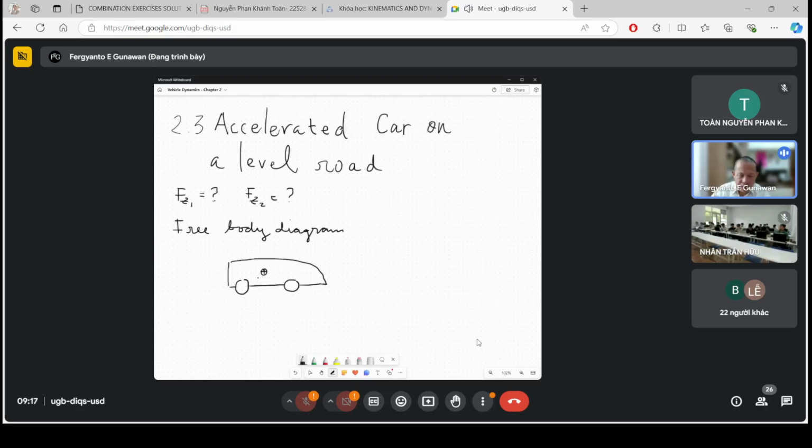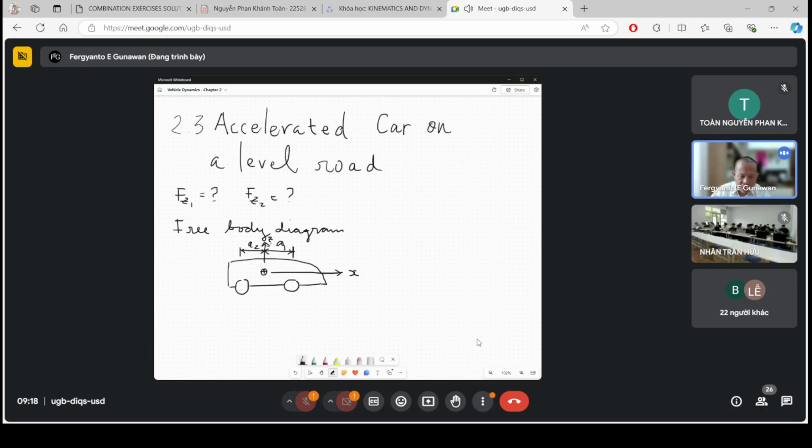The x-axis is pointing in this direction, and the z-axis is pointing in this direction. The distance from the center of gravity to the front wheel we call A1, and to the rear wheel we call A2.